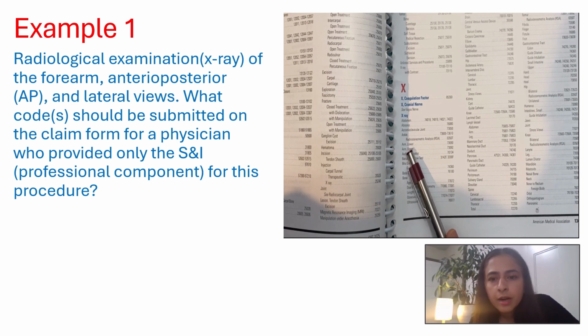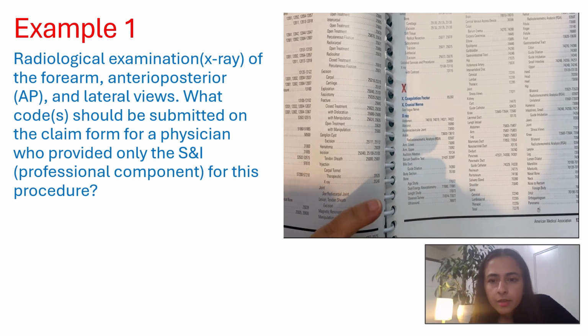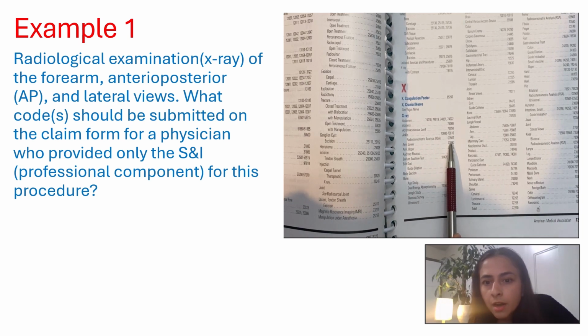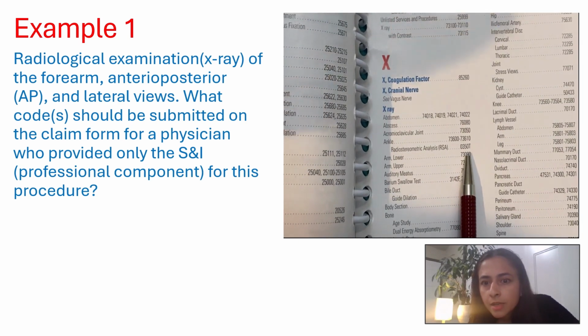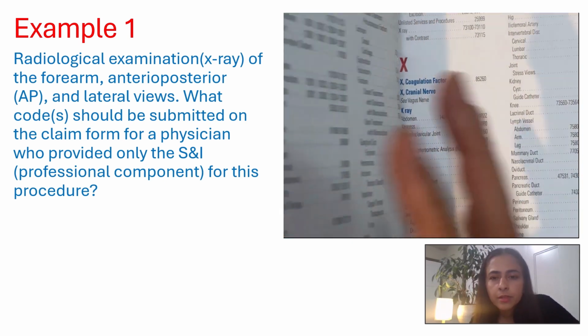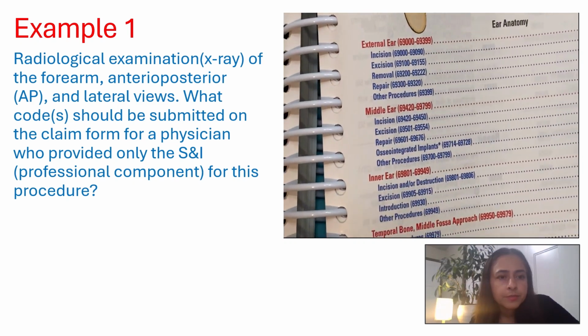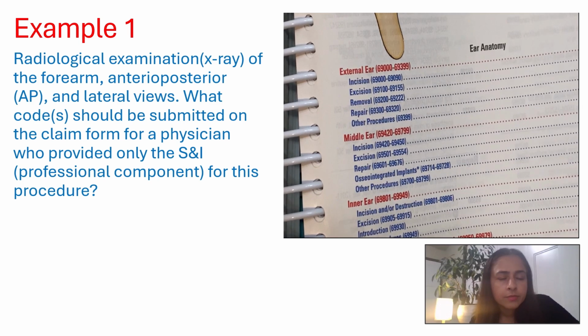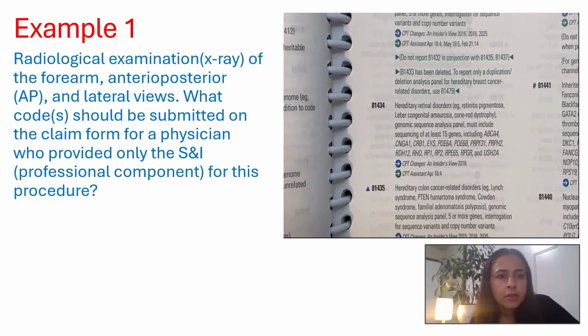So under the lower arm we can find the code. It's really tiny, so let's zoom in. Under lower arm is 73090, and we're gonna verify this code.